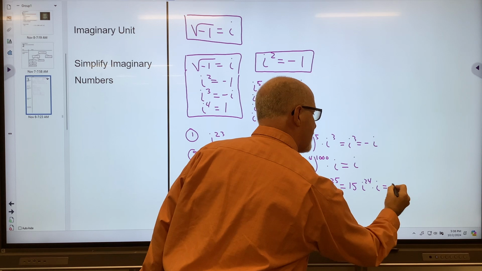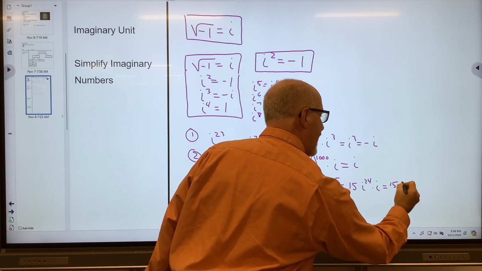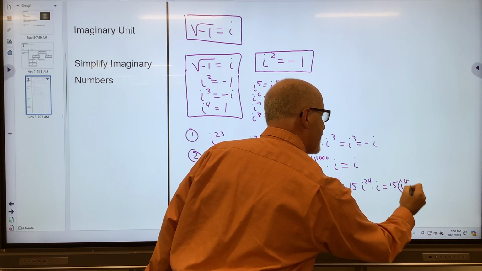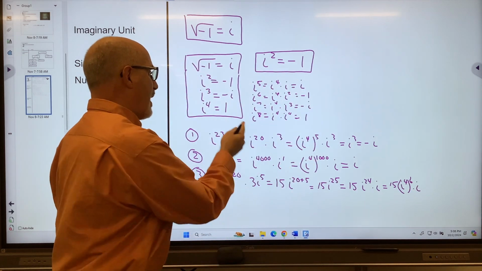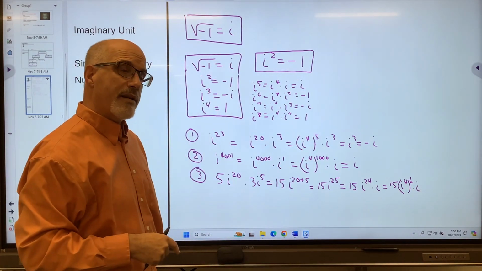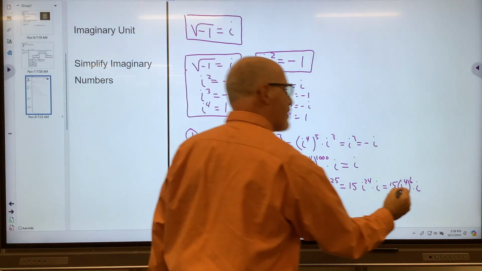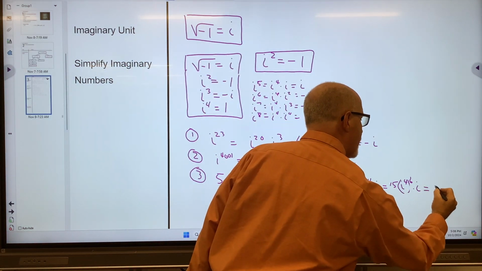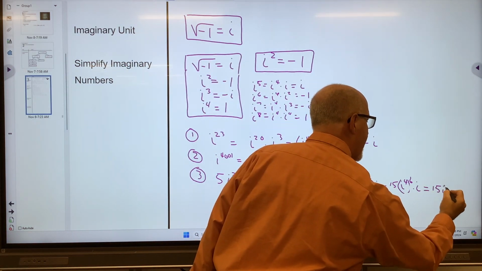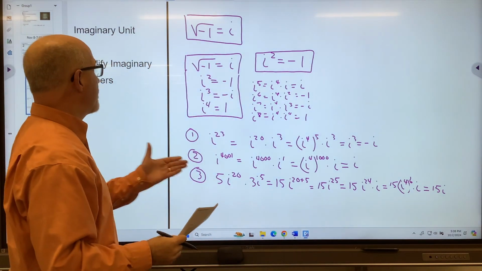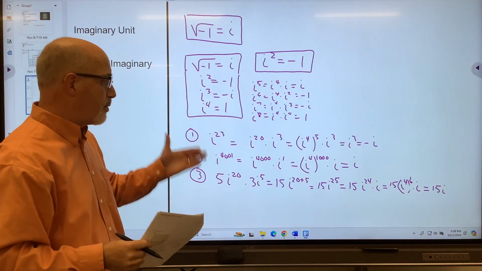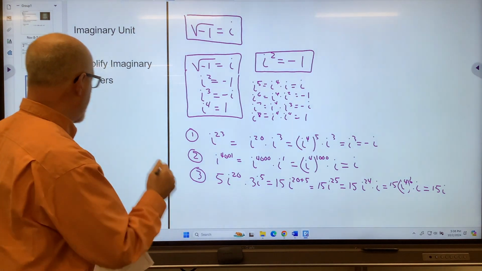Well, that's the same thing as i to the 4th to the 6th power times i. Well, i to the 4th is equal to 1, so 1 to the 6th power is just 1. So we have 15 times i for a final answer. So this is simplifying imaginary numbers. We're working with these, all right?